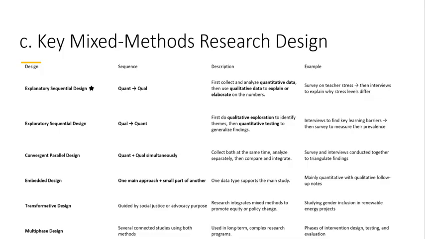Likewise, the last one that I have for you today is multi-phase design. Several connected studies using both methods, used in long-term complex research programs. An example would be phases of intervention, design, testing, and evaluation.